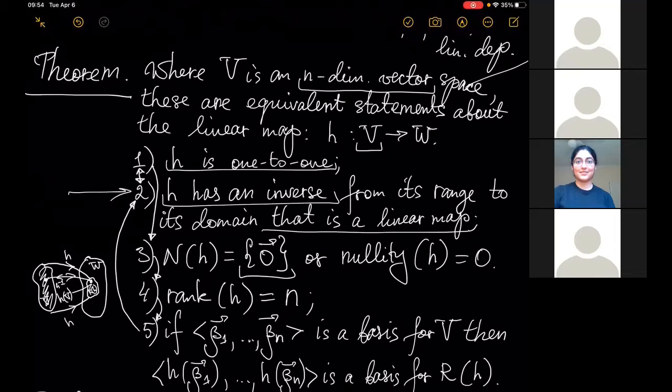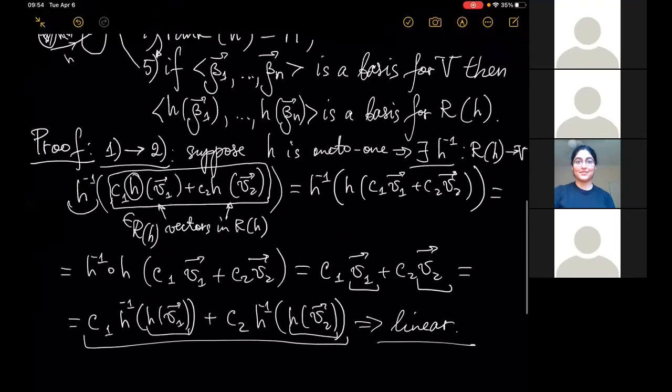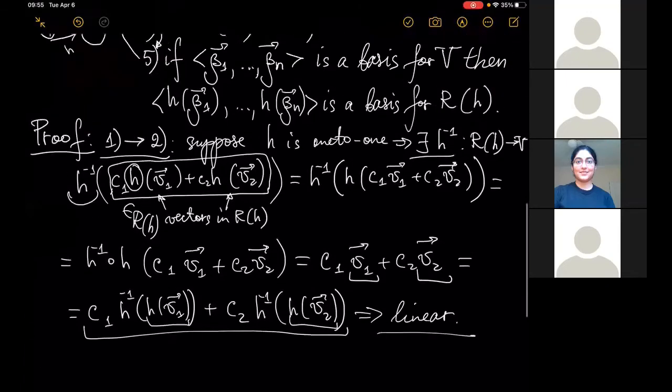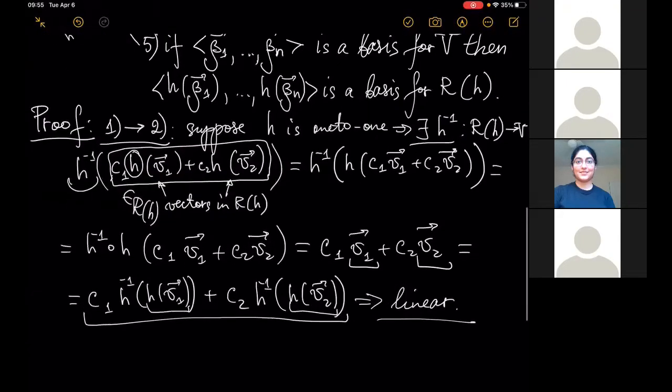I'm just inverting the approach, essentially saying that the inverse itself has to be one-to-one in this case. So as a result, automatically I have done also 2 to 1.